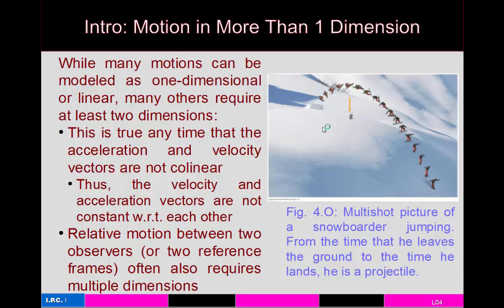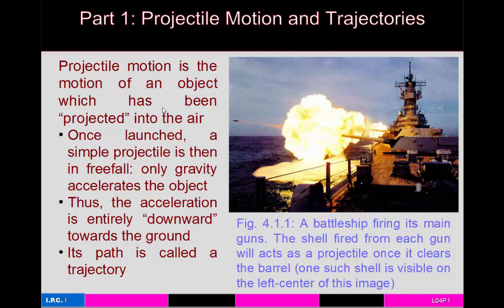I suppose you could add air resistance, although I'm not going to do that just yet. And so we're going to be looking at projectile motion, and we're going to be looking at trajectories, which is basically the path that an object in free fall motion takes.